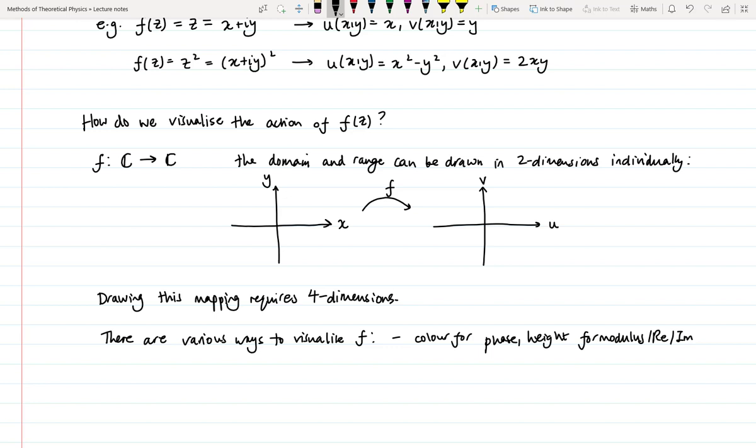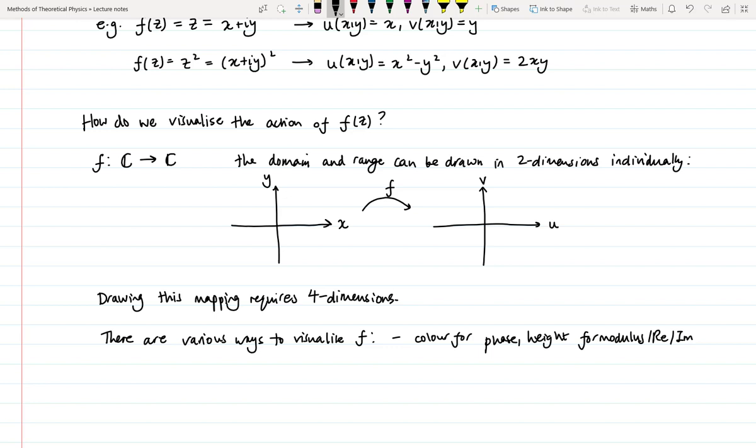I'll point out that on the additional content on the Blackboard page for this week, you'll be able to find some code that allows you to plot functions in exactly this way. And I encourage you to play around with this because it's very useful to be able to visualize what's going on for some features of complex functions that we'll encounter later in the course.